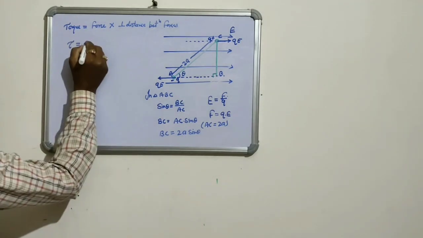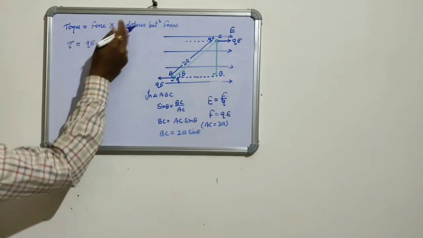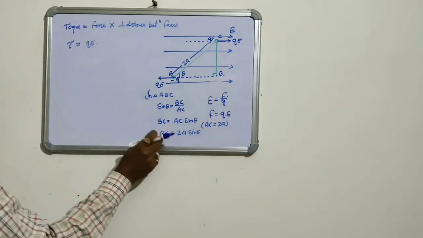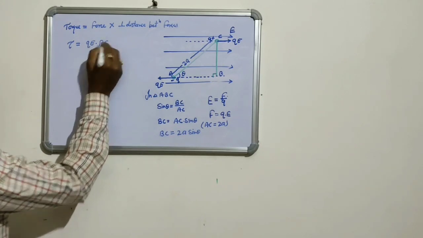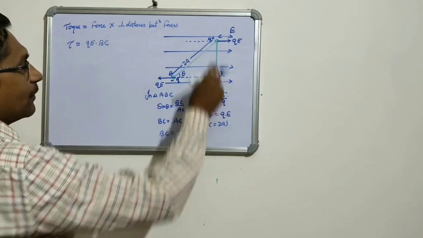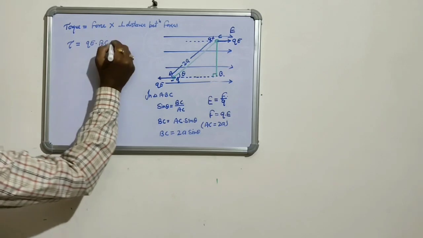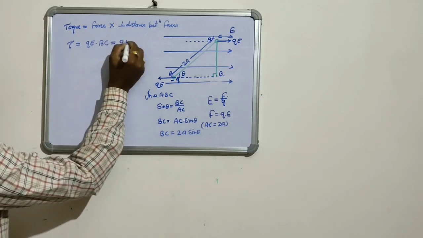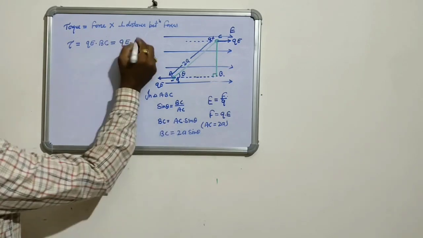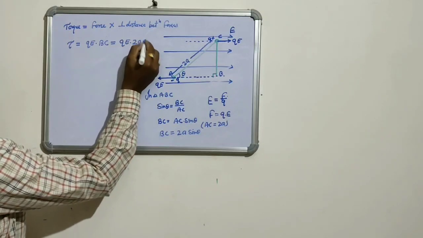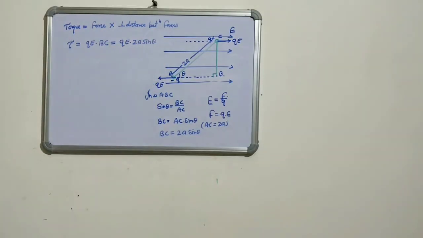Here force is QE. Perpendicular distance between these two forces is BC. So this can be written as QE times BC, where BC equals 2a sin theta.